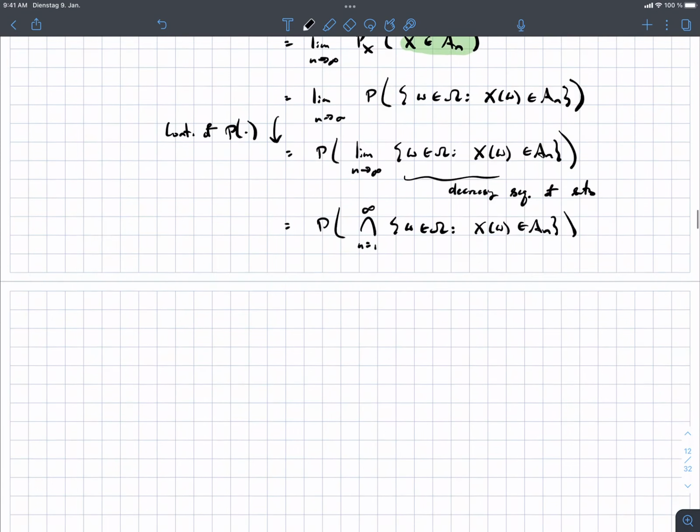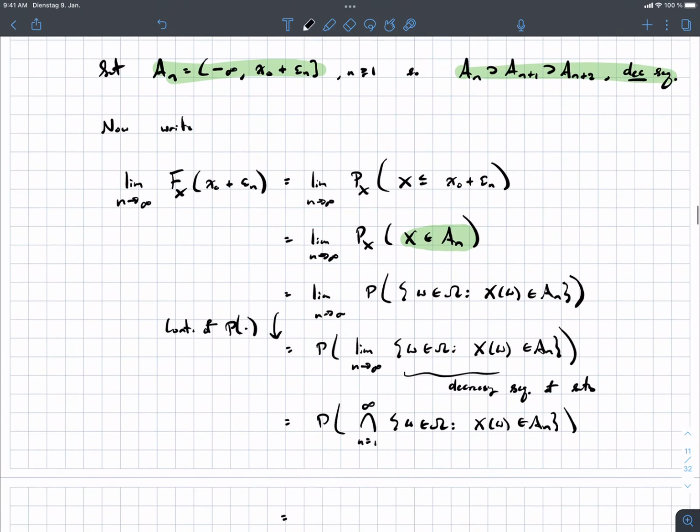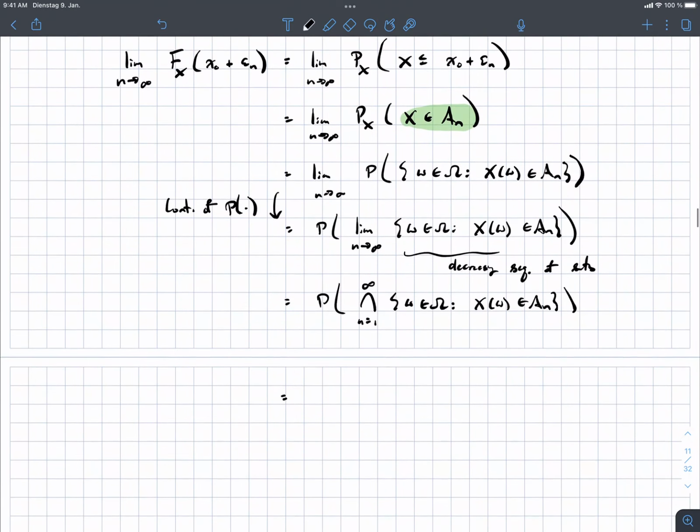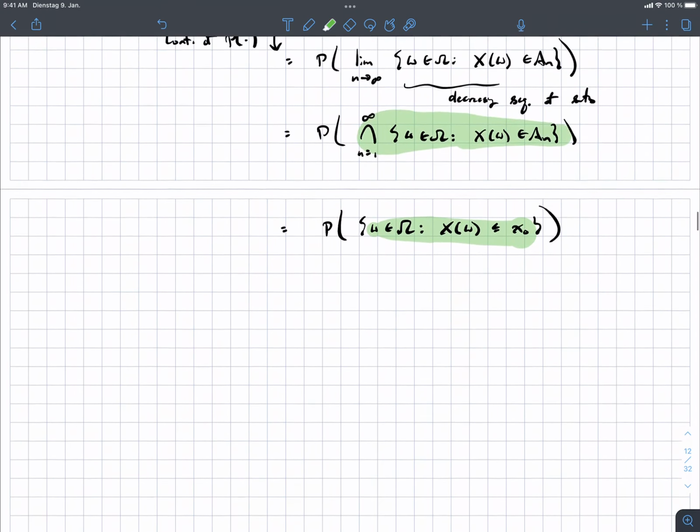N1 up to infinity. So it's the intersection of all of those. If I look at the intersection of all of these, it's going to wind up being outcomes such that X is less than or equal to X0. So only these outcomes belong in the intersection of all of these.